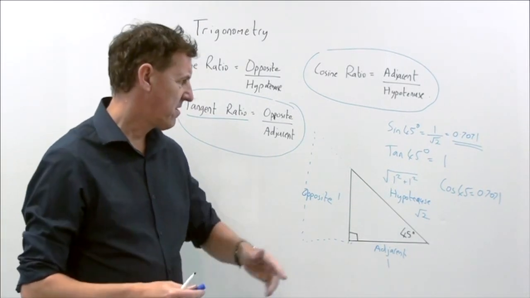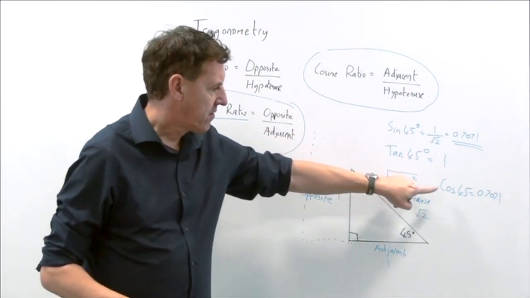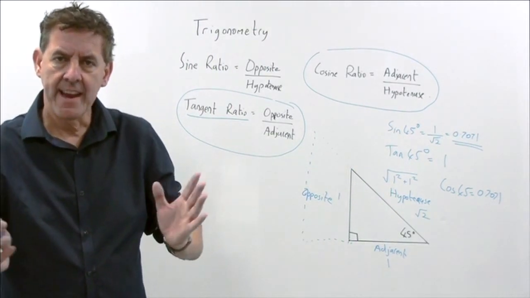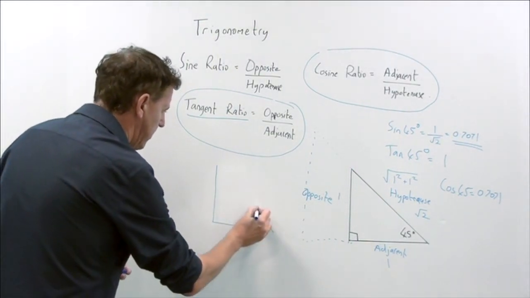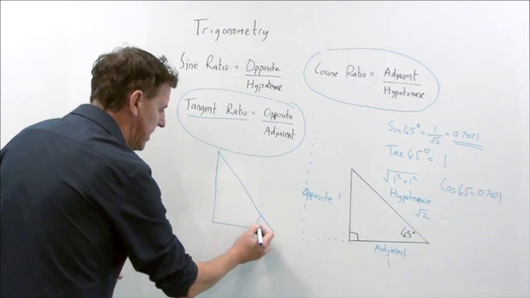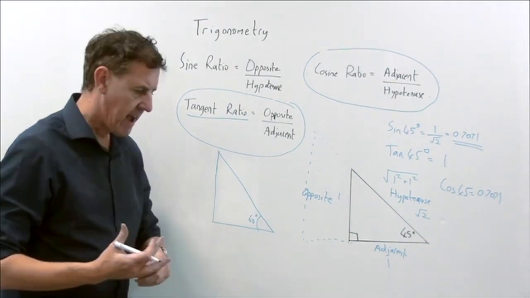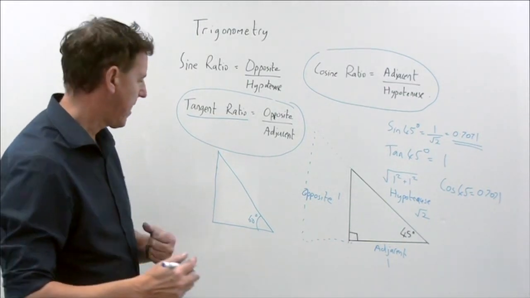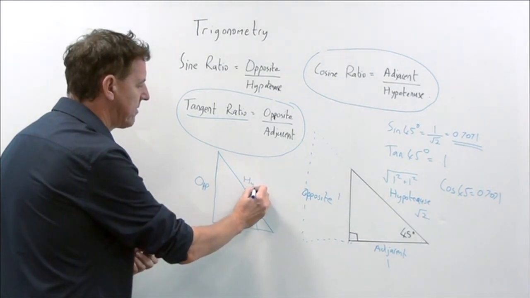But we haven't just got one for the sine of 45, for the tan of 45, for the cos of 45. We've got it for any right angled triangle with any angle in. So if you imagine now, I drew a triangle, and this was 60 degrees, and we were working out ratios. If I wanted to work out the opposite over the hypotenuse, there's my opposite side, there's my hypotenuse side.